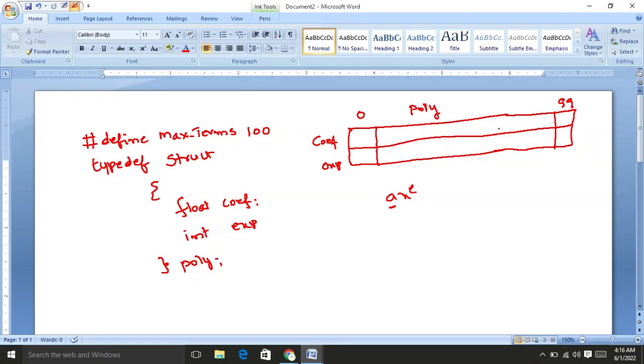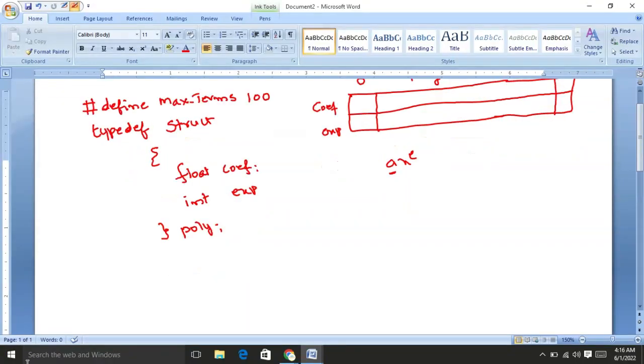Now I would like to explain how we are going to declare this one. So friends, please observe carefully. Now my data structure, I am going to create my own data type. My own data type name is poly.